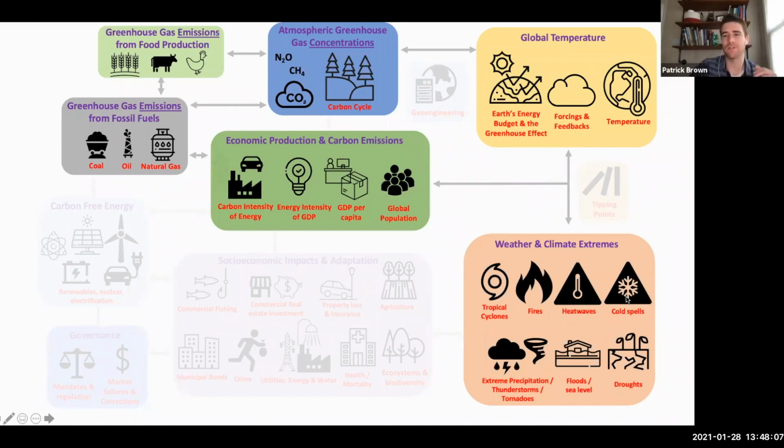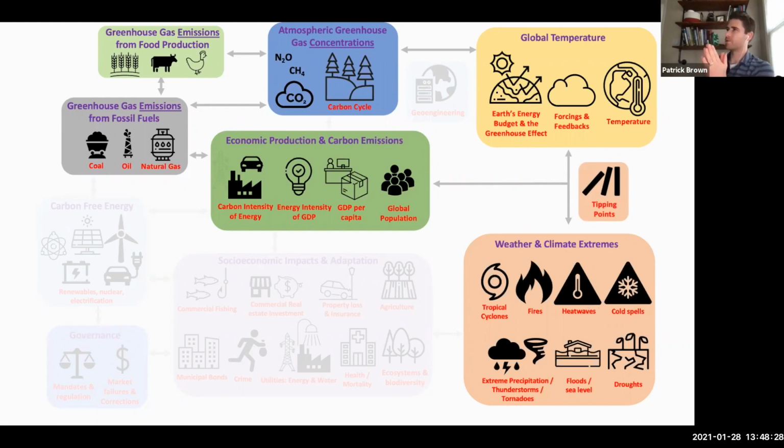Potentially some locations might see an increase in cold even, but for the most part, we're actually seeing decreases in cold weather.